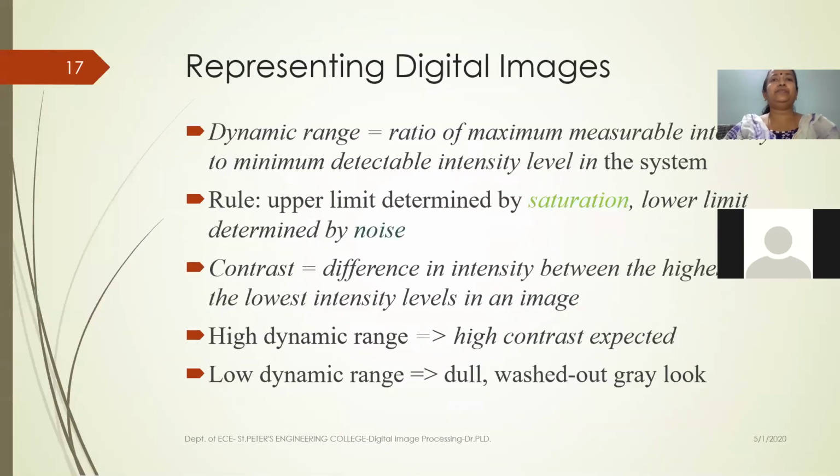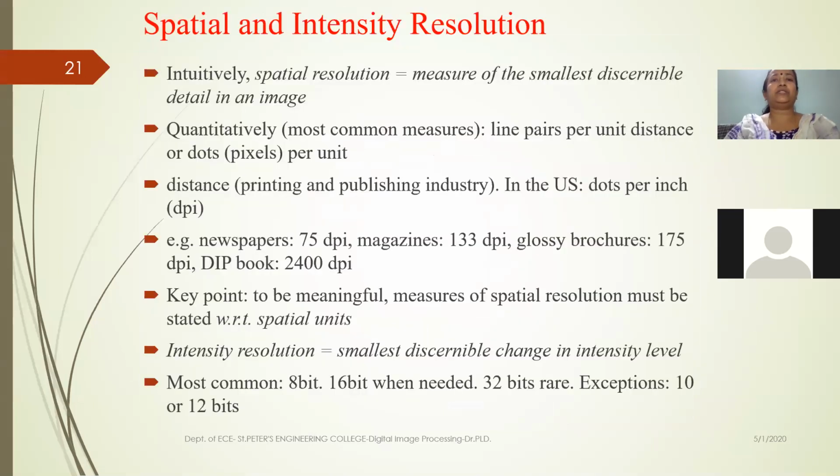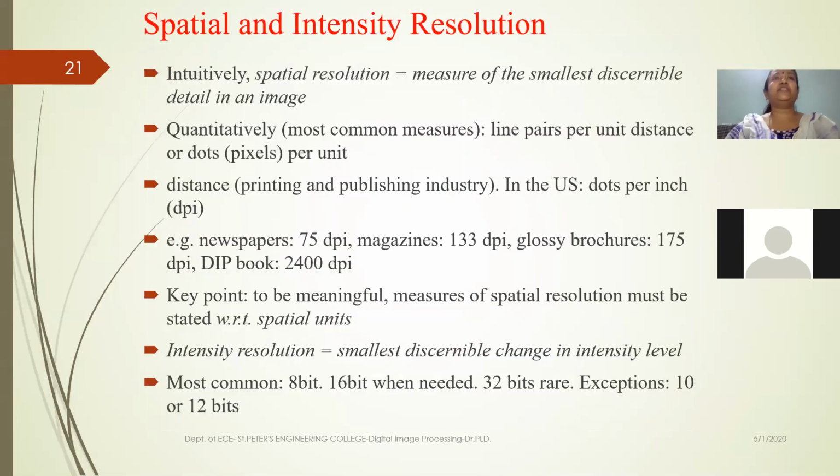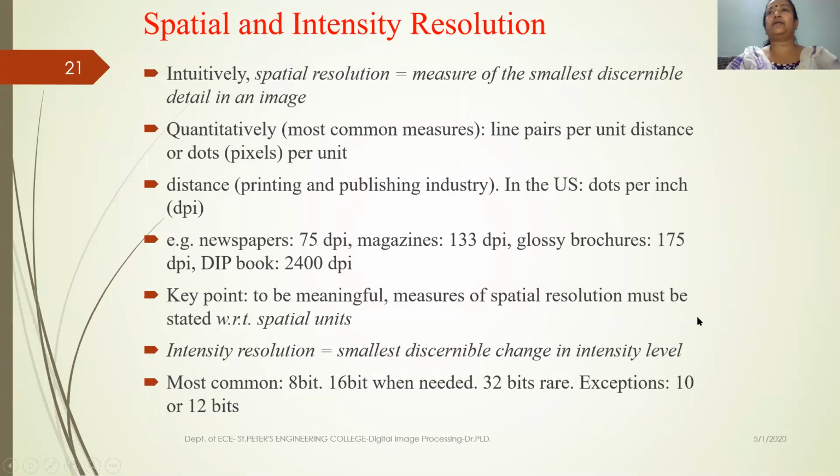I'm continuing now. Let us see spatial resolution and intensity resolution here. If you have any doubts, please unmute your microphone and ask. So, spatial resolution measures the smallest discernible details in an image.